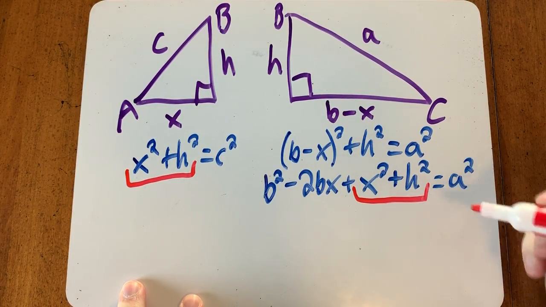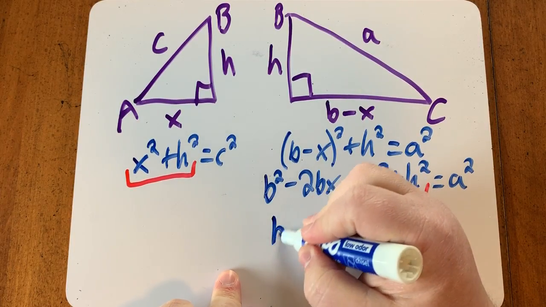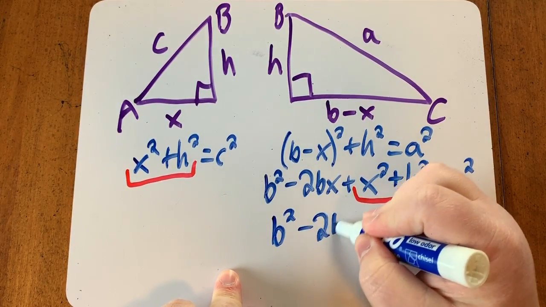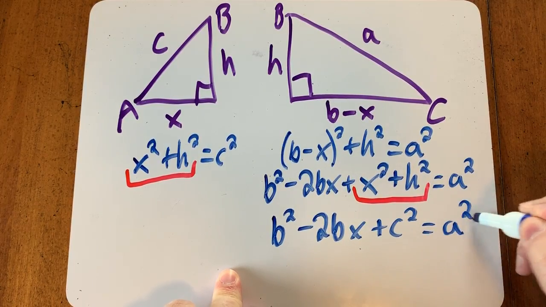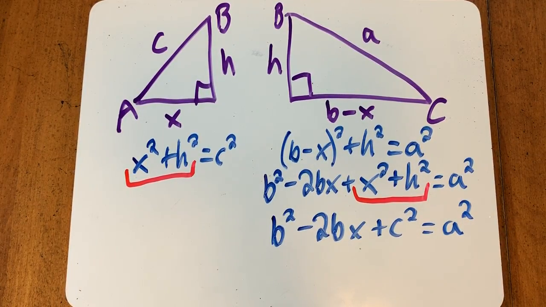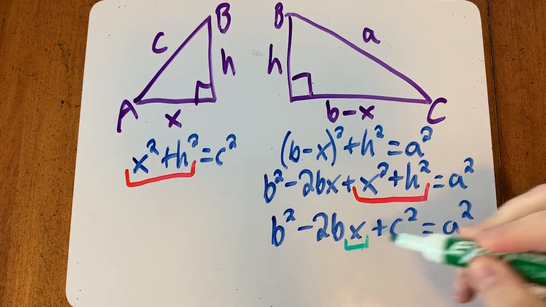Hey, there's an x squared plus h squared right there. So we can replace that x squared plus h squared with c squared. So b squared minus 2bx plus c squared equals a squared. The only thing we're missing is x.